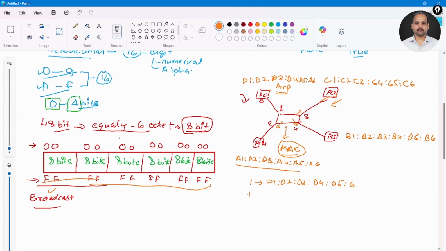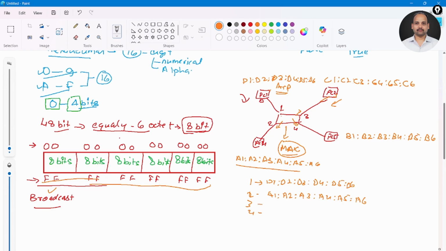Port number 2 will maintain A1, A2, A3, A4, A5 and A6. Here it will be D6. Similarly, they are going to maintain ports 4 and 5.